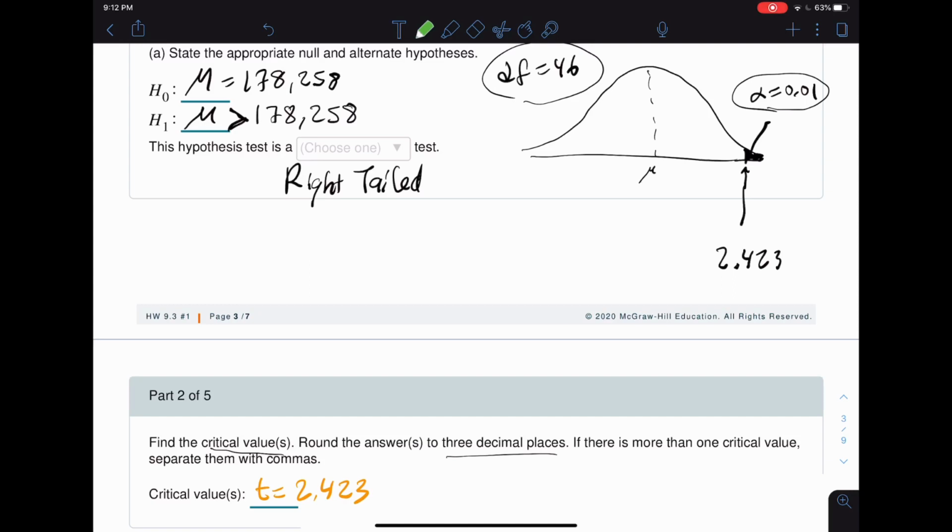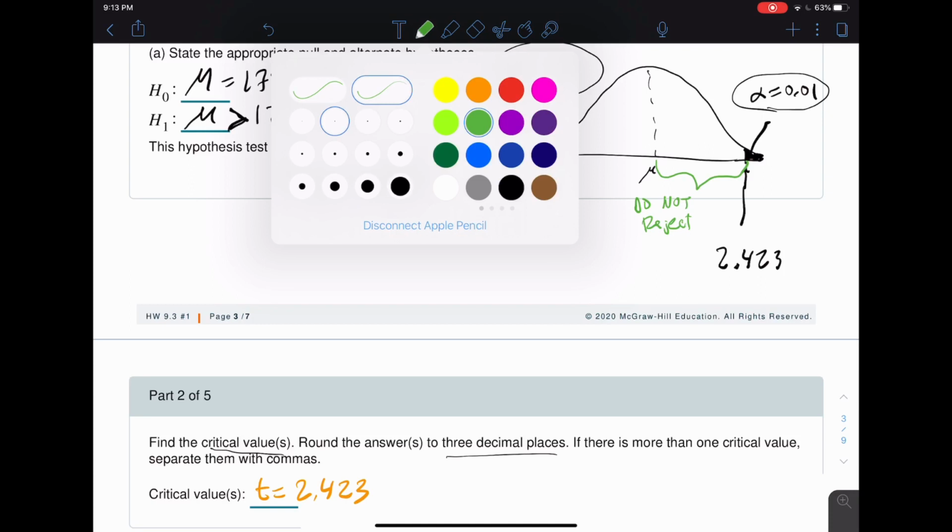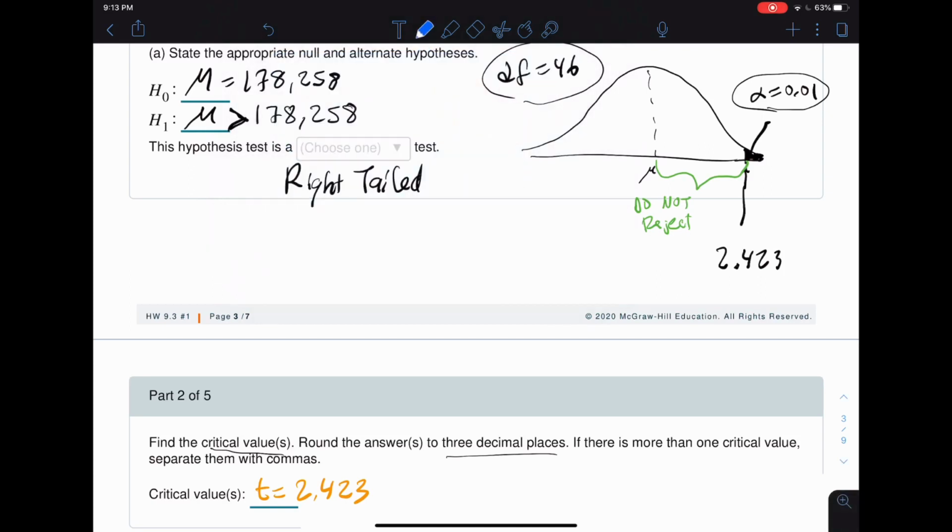So if I plot my test statistic, which is going to be a t-value, and it lands somewhere in this region, I do not reject.